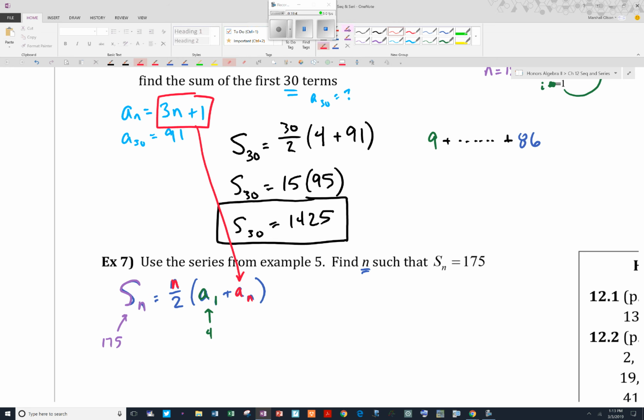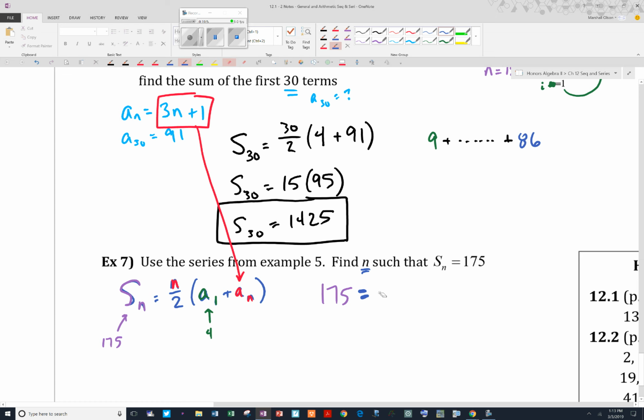So here's what we have. 175 equals n over 2, we don't know what n is, times 4 plus, okay, and then here's the important piece right here.